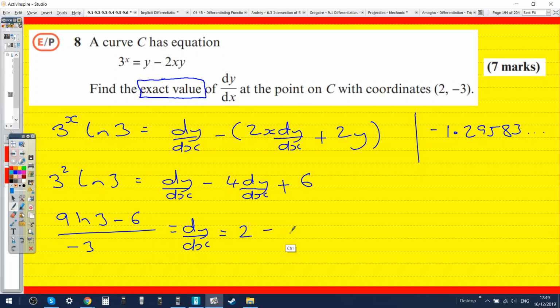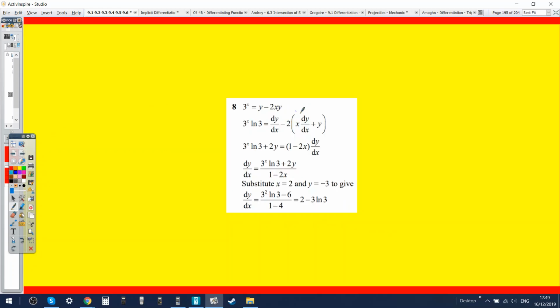So 2 minus 3 ln 3? Yeah. Put 2 minus 3 ln 3 into your calculator. Same answer. So we know we're good. Okay. 2 minus 3 ln 3.